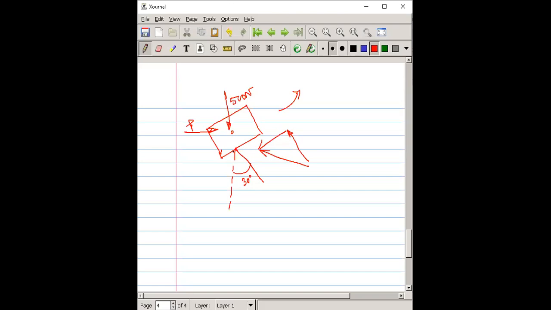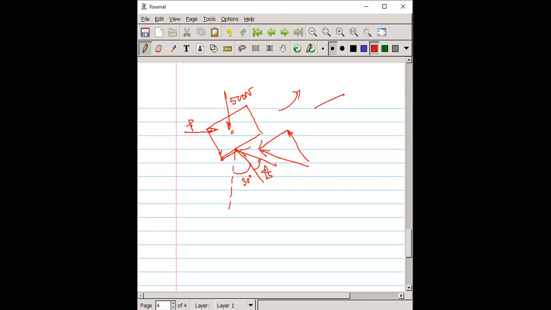This is your normal, this is your friction, and this is the resultant force acting direction, and this one should be your phi s, because this is your coefficient of static friction.